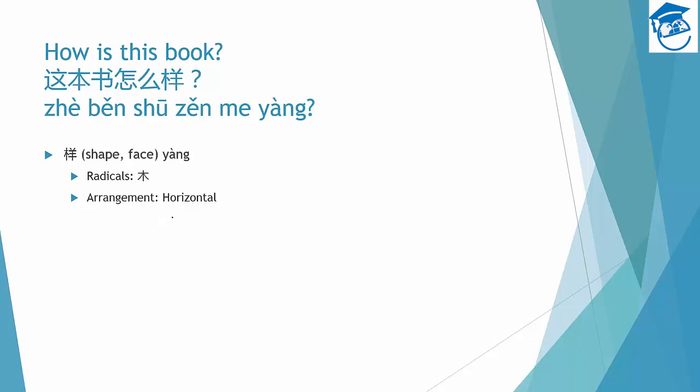So the arrangement is horizontal because you have left and right components with the left component as the radical. Okay, so here's how to write yang. 1 2 3 4 5 6 7 8 9 10. 10 strokes for this word.